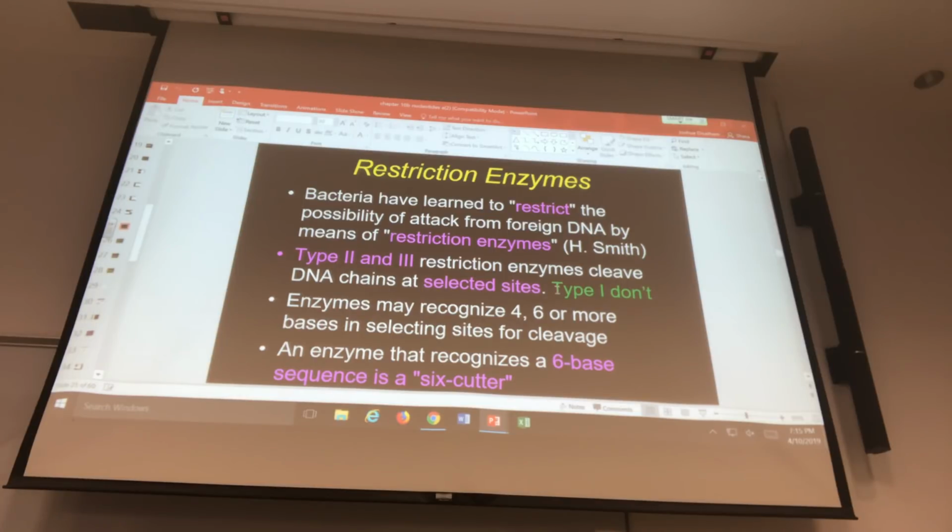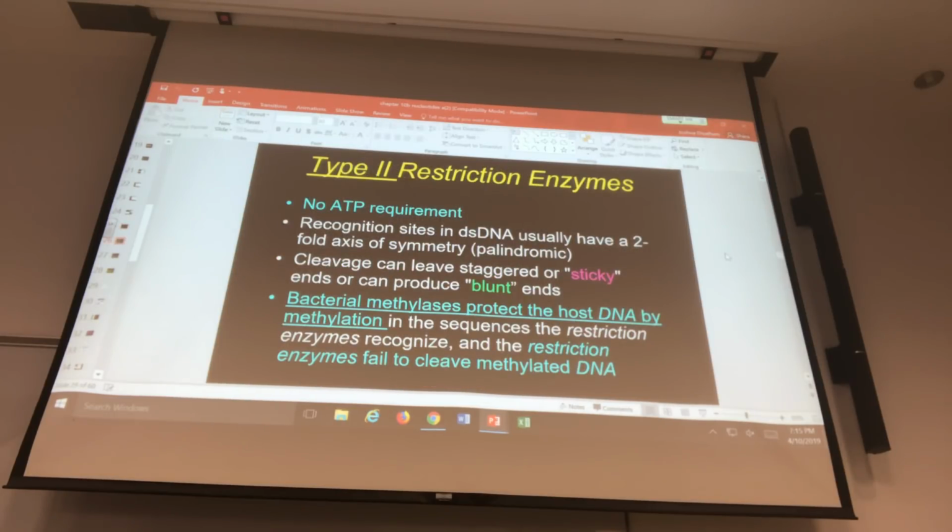Really, the important part is this: a type 1 restriction enzyme does not have a specific pattern it looks for, all the other ones do. Also, other differences are listed on here for you. I'm not going to go over it in detail, but look at the differences between them, and only the information that is given to you on the PowerPoints will be asked about in regards to restriction enzymes. So don't worry if there's something missing here, you won't be asked about it.